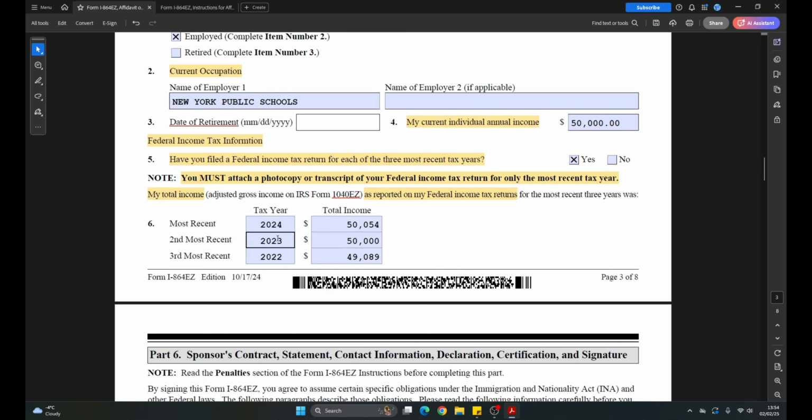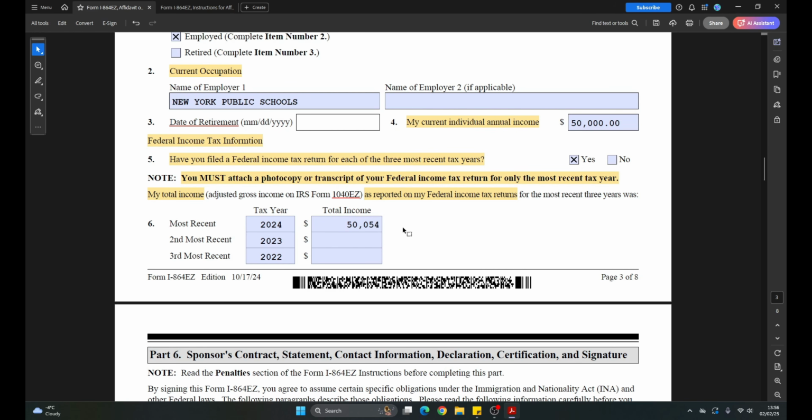Now, if you are not planning to send the tax returns from these years, in that case, in the right side column, write not applicable, N/A, in pen after you print this form. You also should not be writing tax return information if those tax years did not meet the poverty guidelines, the income requirements.